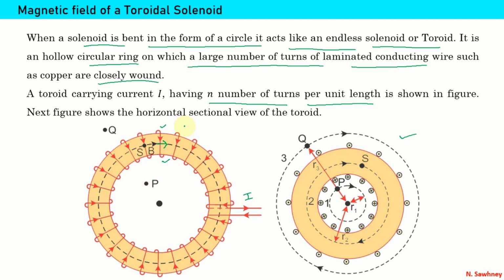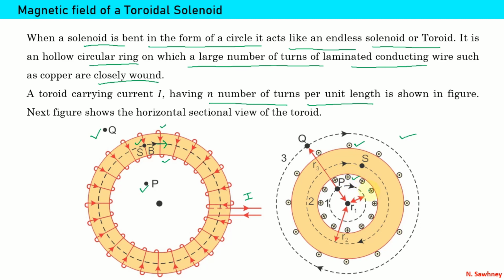Now to understand the magnetic field, we will consider 3 points: point P, the interior of the toroid; point Q, the exterior of the toroid; and point S, within the toroid. You see here the current pointing out is represented by dots and the current pointing in is represented by crosses.